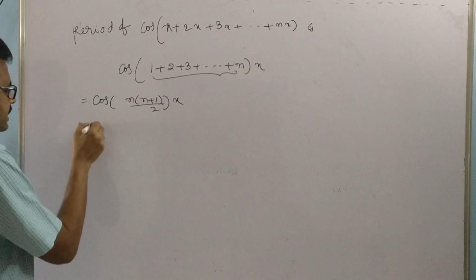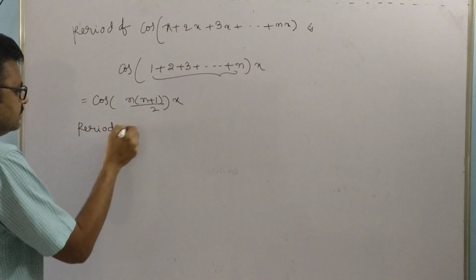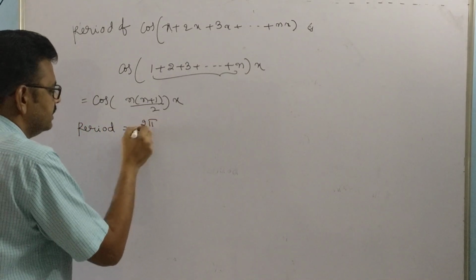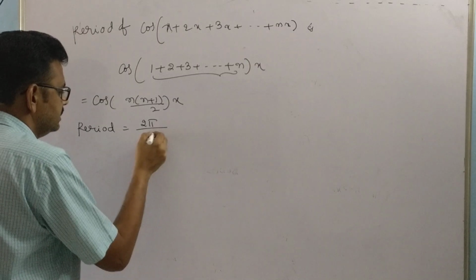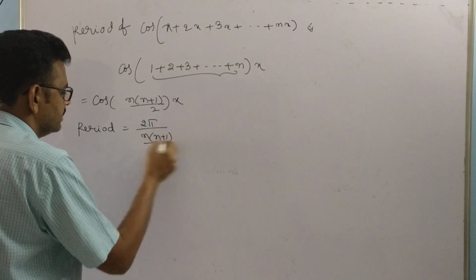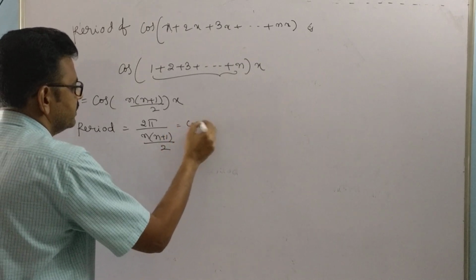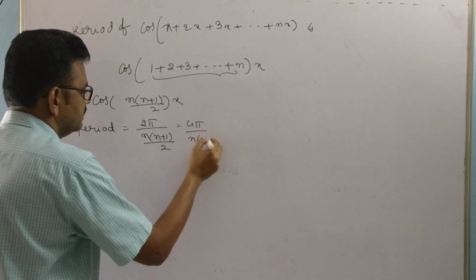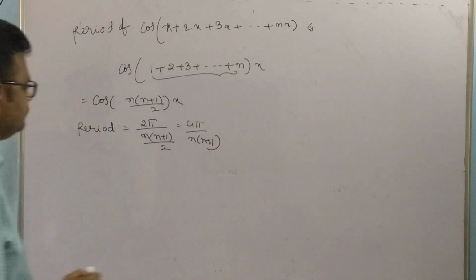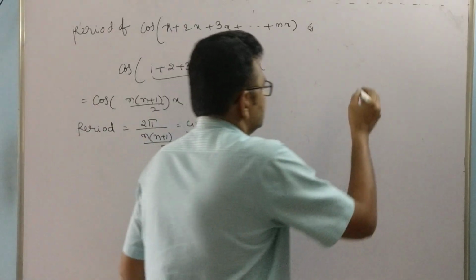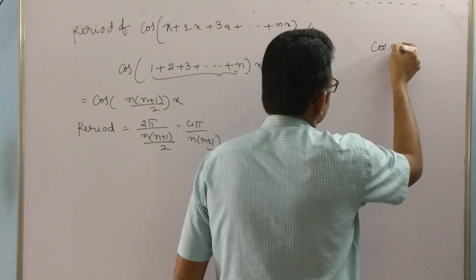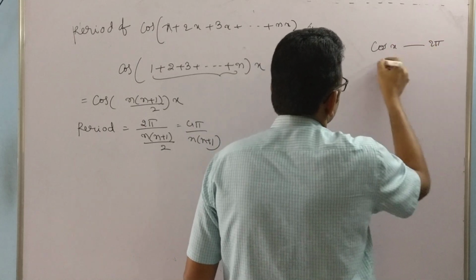Now what is the period? It is equal to 2 pi by mod a, where a is n into n plus 1 by 2. That is equal to 4 pi by n into n plus 1. See here, cos x period is 2 pi.